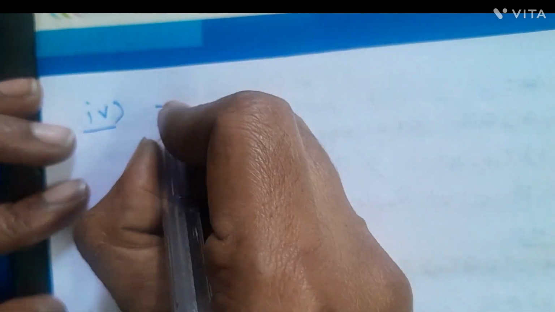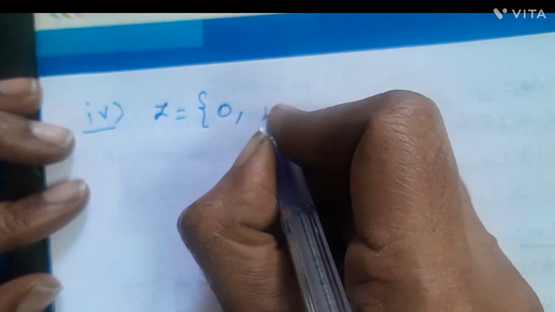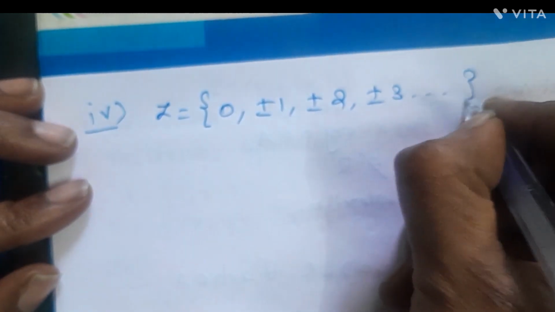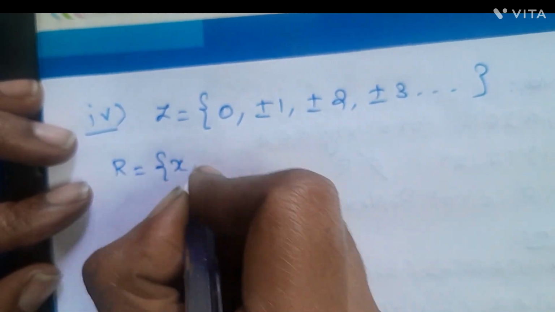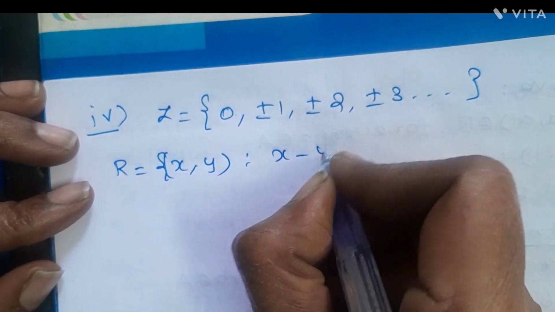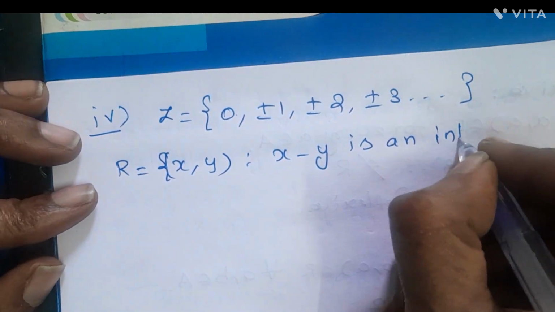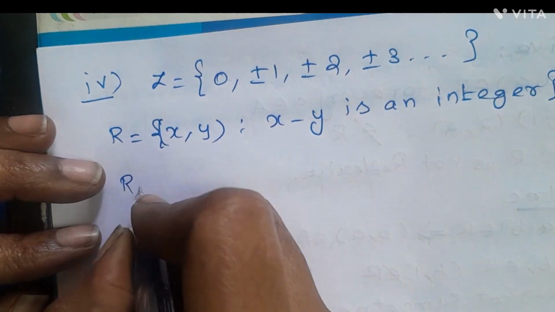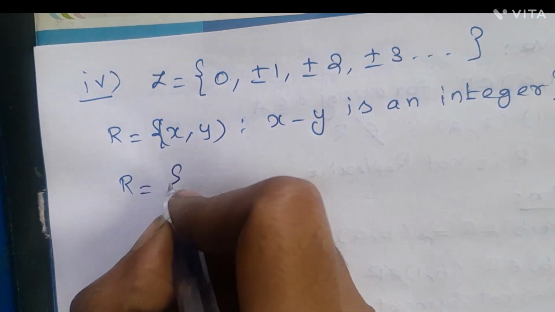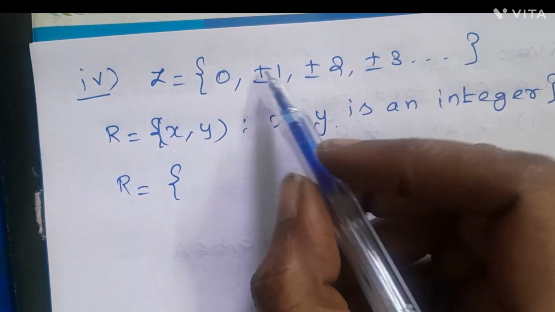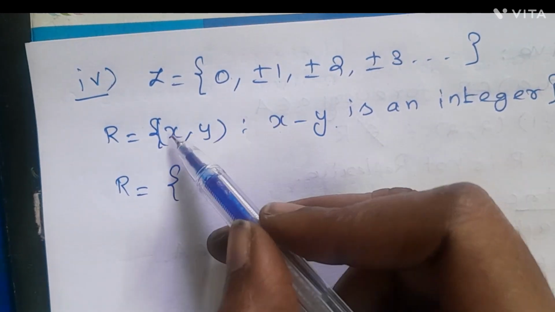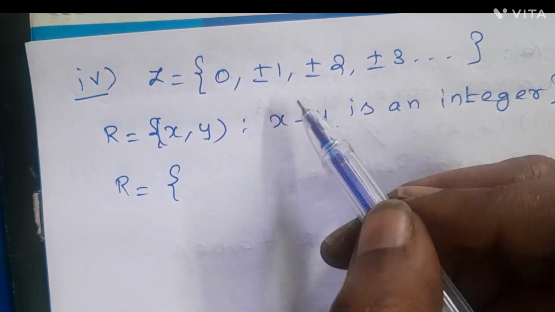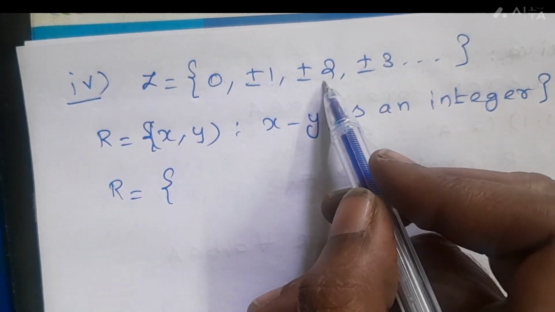Fourth subdivision, that is Z equals the set of integers 0, plus or minus 1, plus or minus 2, plus or minus 3, etc. R equals the ordered pairs (x, y) such that x minus y is an integer. So in our relation, subtracting x minus y, if we take (0, 1), 0 minus 1 is an integer.